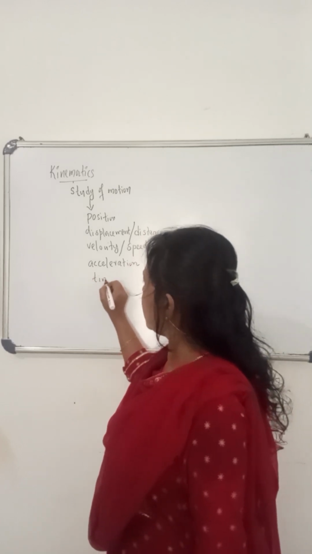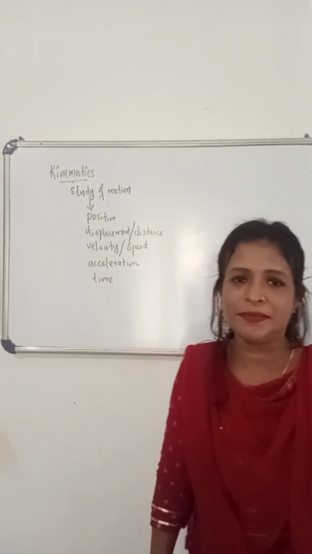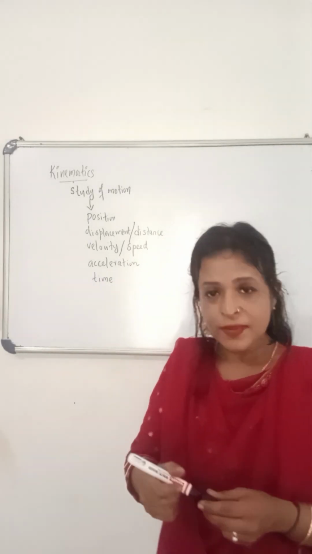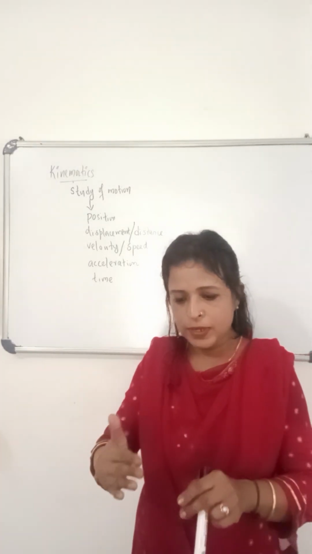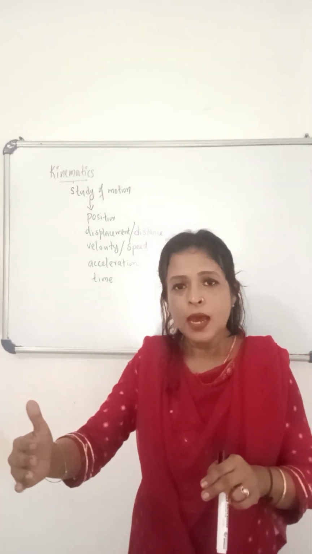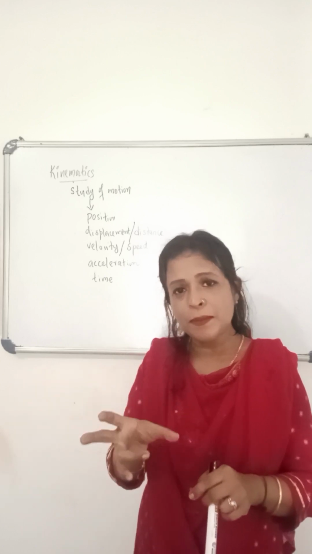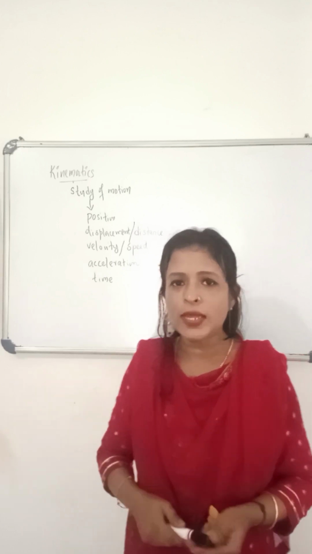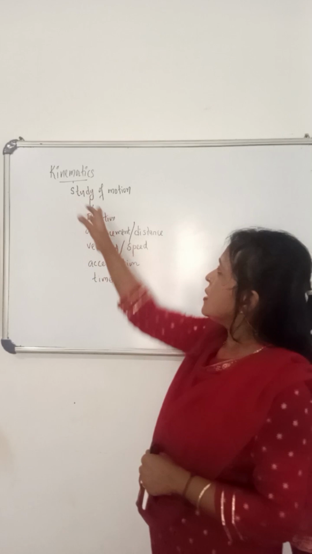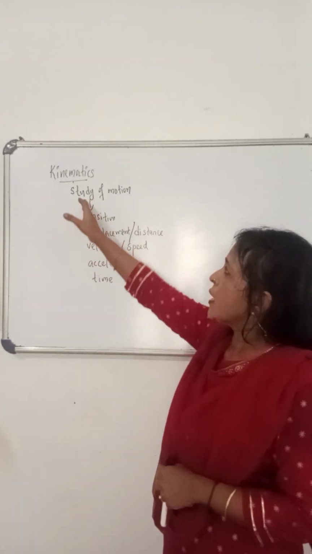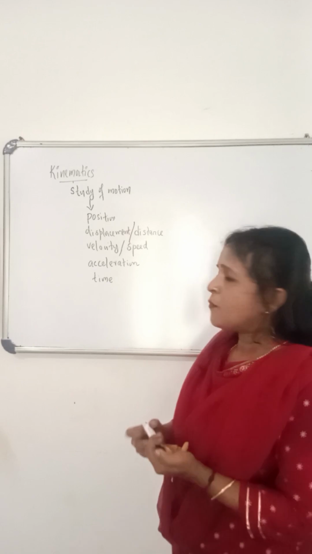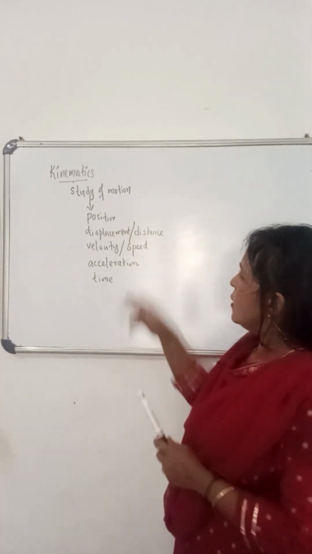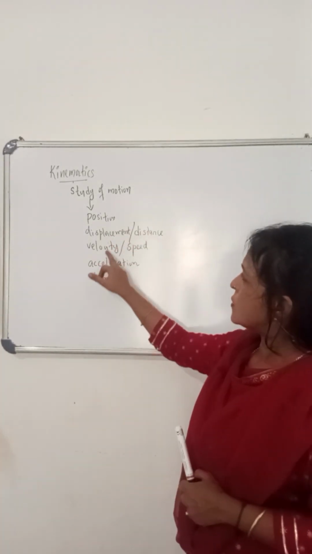Then we need another term, that is time. Time also we want for studying the motion, for one point to another point, how much time is needed. These are the terms needed for studying the motion of the body. First of all, displacement, distance, velocity and speed.